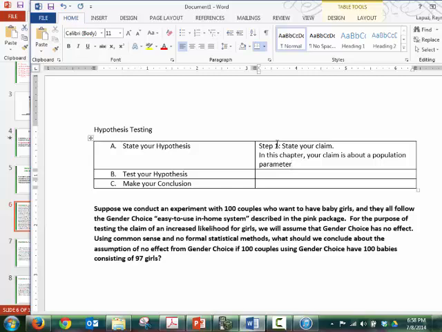Your claim is going to be about a population parameter that's compared to a number. And when I say compared, we're going to use the equality, the inequality business.